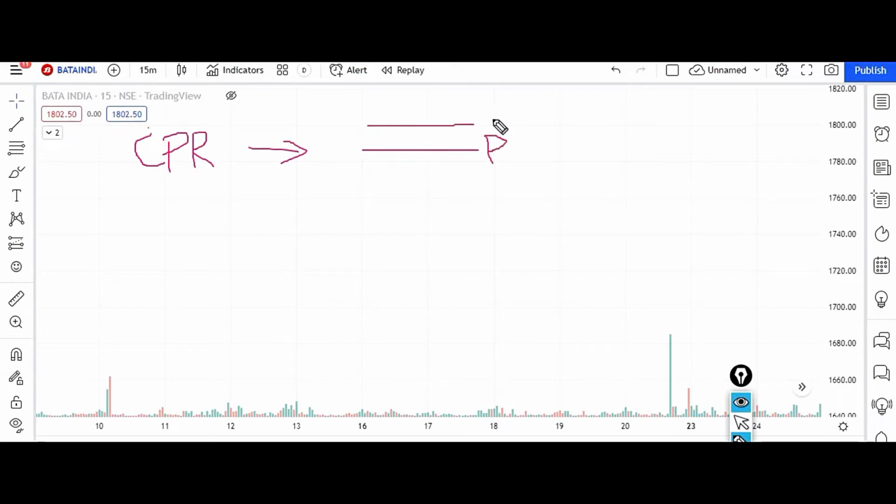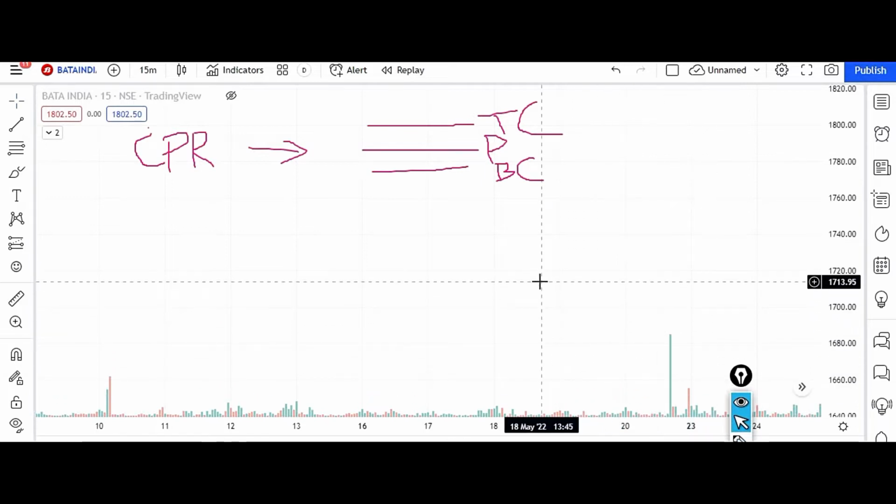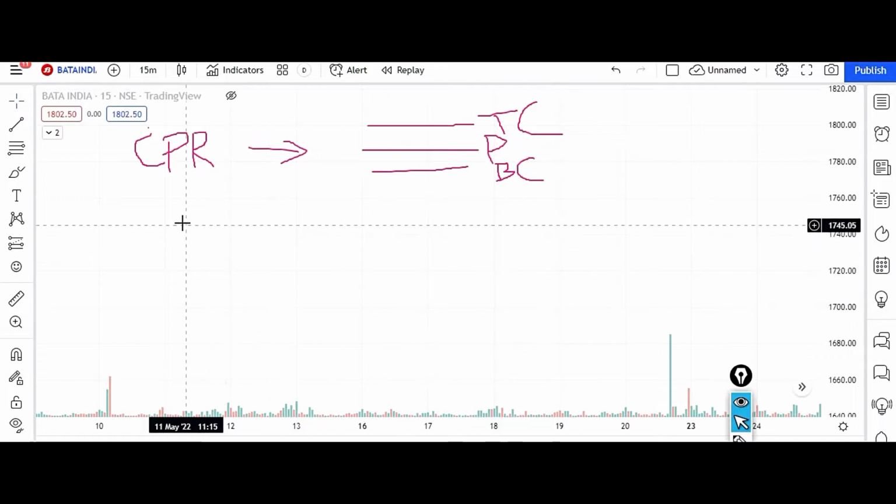This is the top central pivot, which is called TC, and this is called BC, which is also called the bottom central pivot. These three components are derived out of the underlying high, low and close calculations by using simple maths.